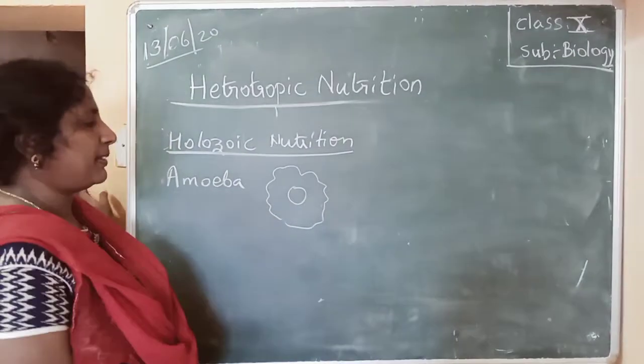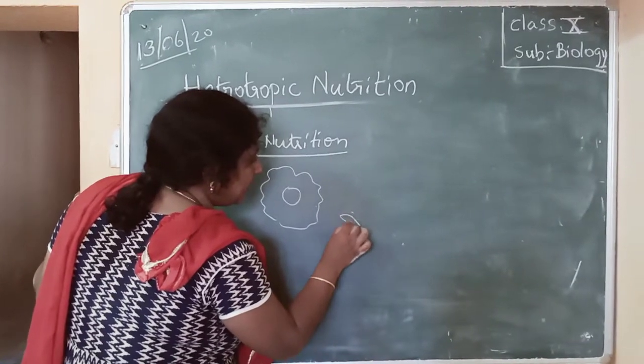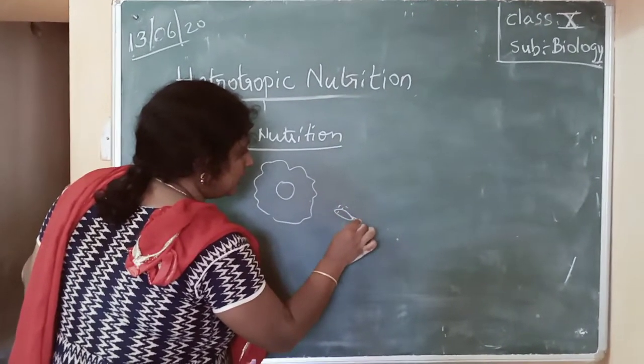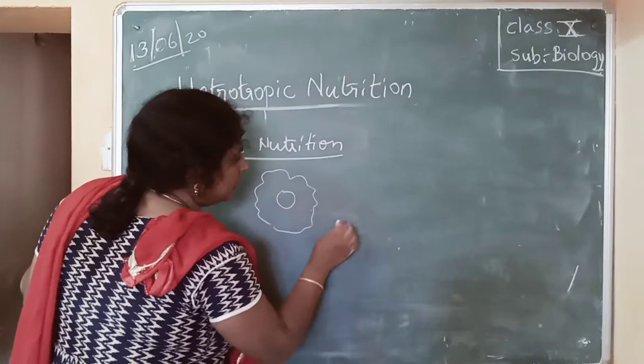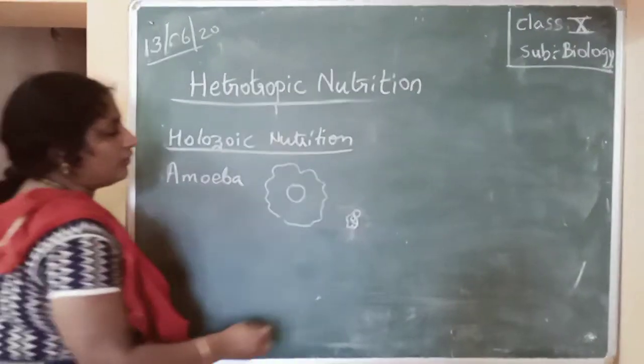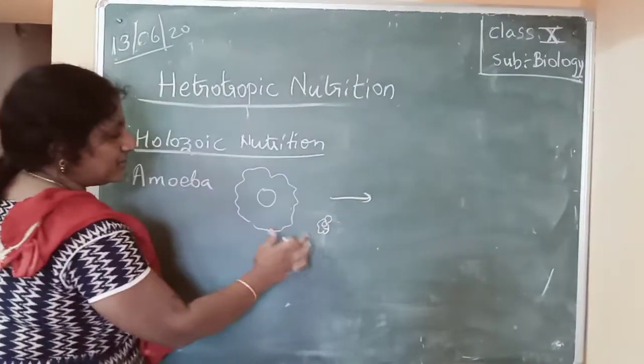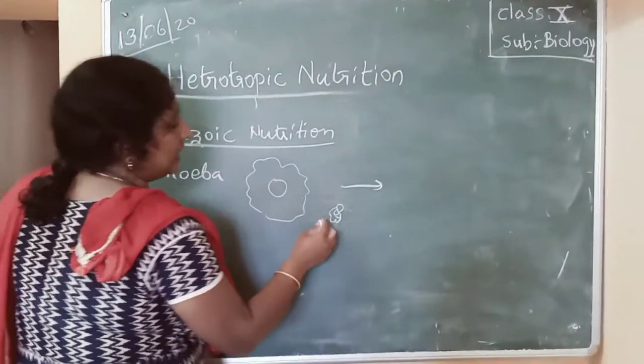So this is amoeba. If the food particle is like here, so think this is a food particle. Now what happens? Amoeba will extend its body around the food particle like this.